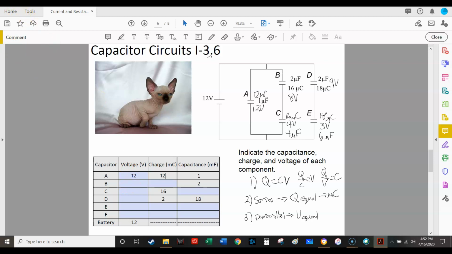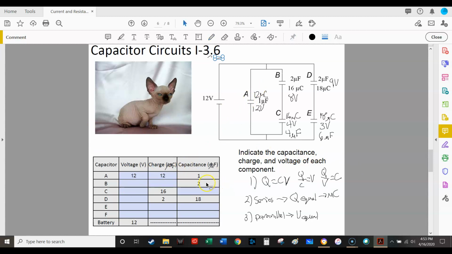I just noticed that this is MC, and this should be micro C, and this should be microfarads. Sorry about that.